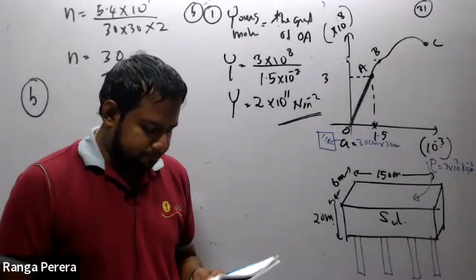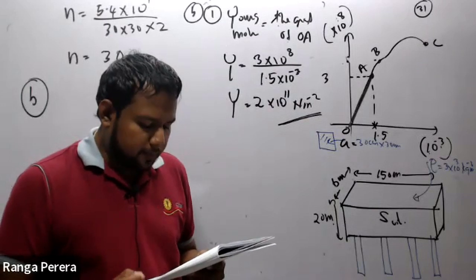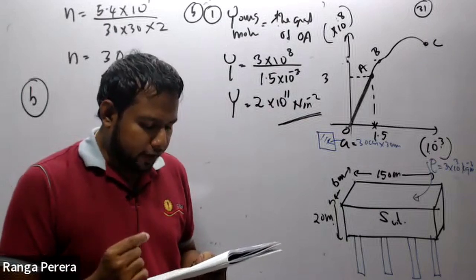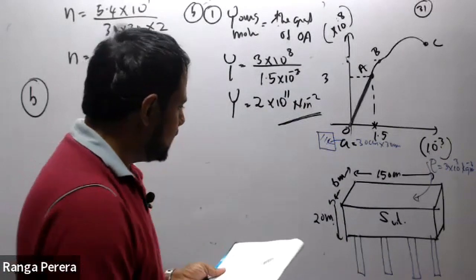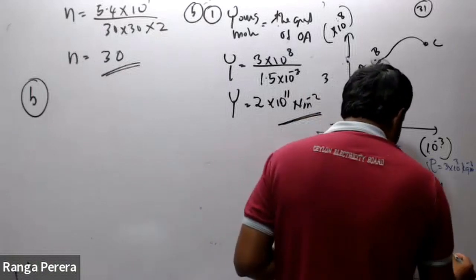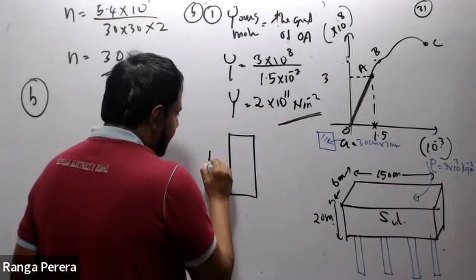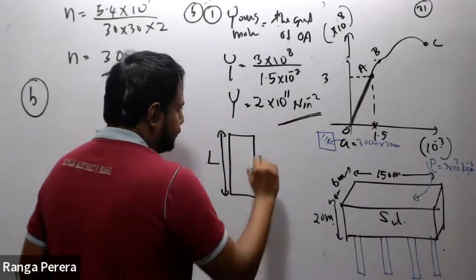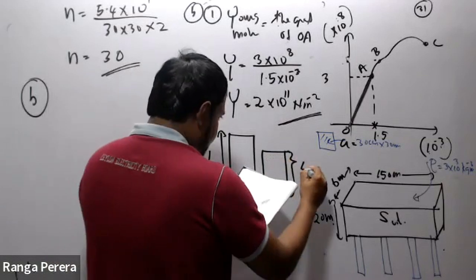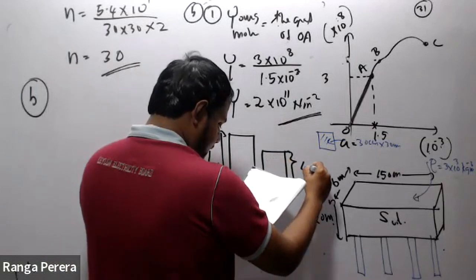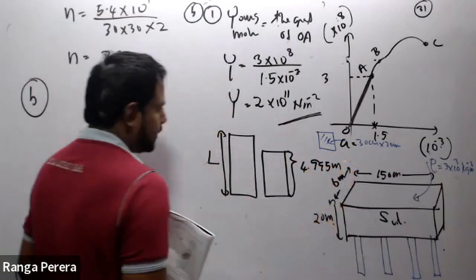Question number 2, part B, number 2. If the height of the steel column is 4.995 meter, what was its original uncompressed height? Let's say the uncompressed height is L. If you place a certain weight, it has now dropped to 4.995 meter.